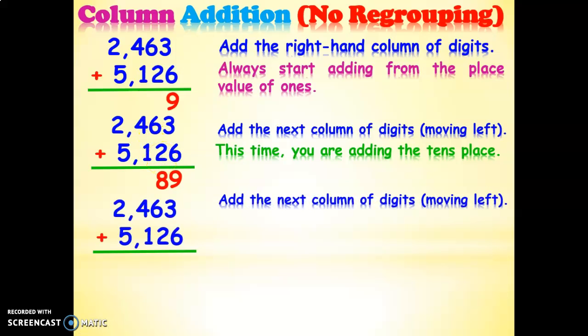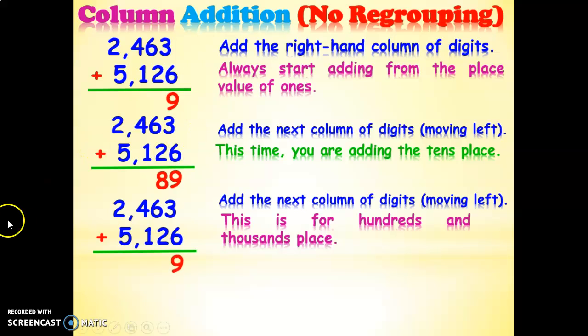The next thing we will do is to add the next column of digits moving left. So you just have to keep adding until the last digit. This time it's for hundreds and thousands place. So again, 3 plus 6 from the place value of ones, you have 9.